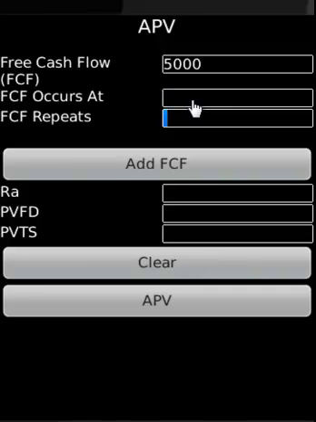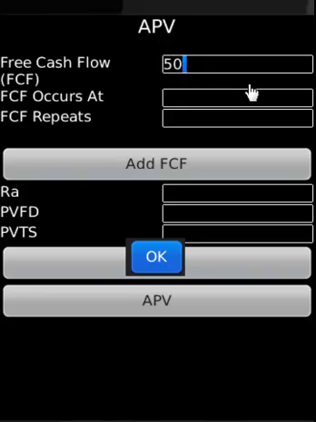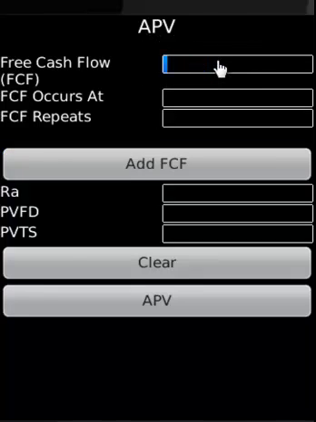Then the cash flow repeats. If the cash flow repeats, we can also specify that instead of manually entering those.